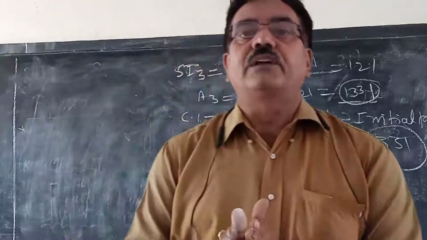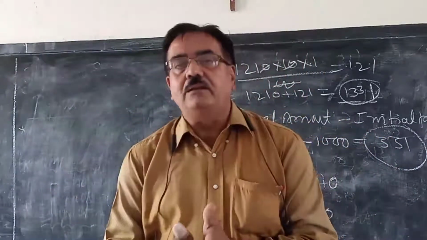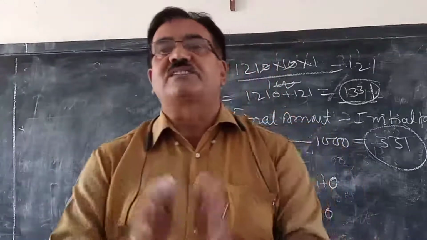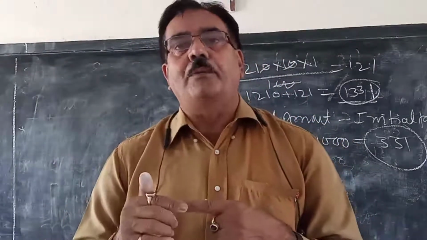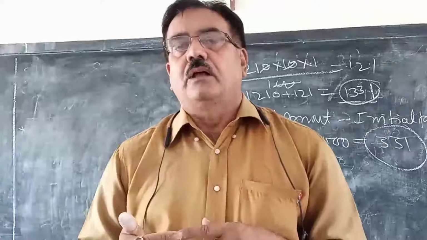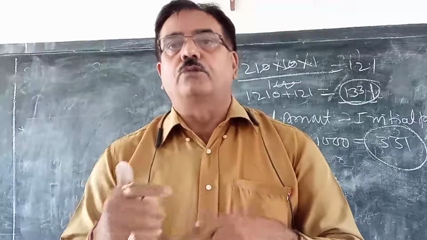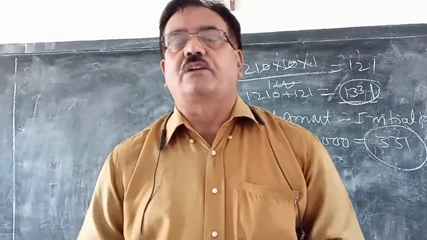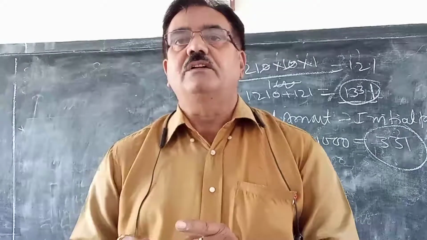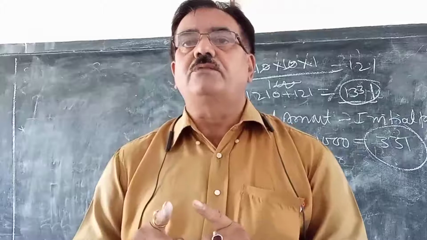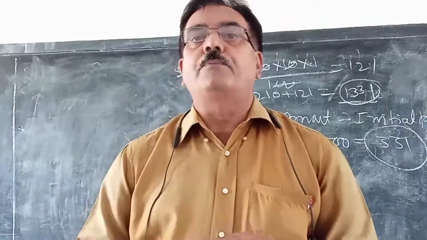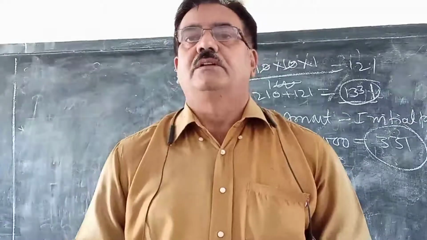If it is calculated half yearly, then for one half year, that means 6 months, we will find the interest for 6 months. I will explain you later on this one. So how to calculate the half yearly and quarterly? The first 6 month amount becomes principal for the next 6 months.